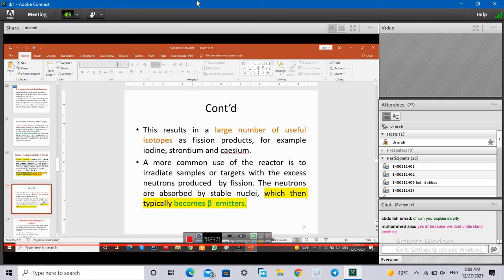And the last important property is that typically radionuclides produced through this method are beta emitters, which are very useful in therapy, especially in cancer therapy.